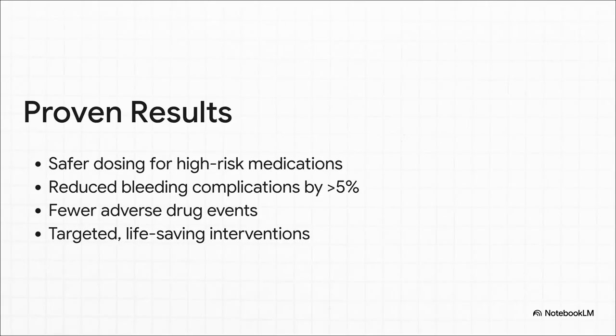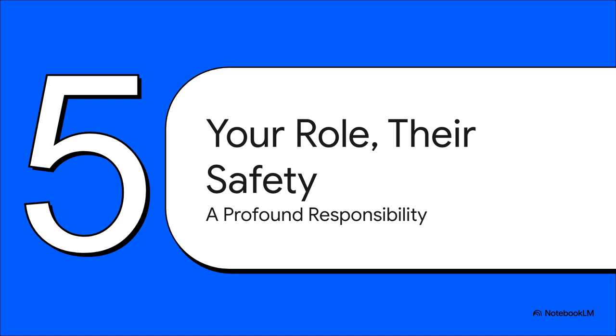And the proof is everywhere you look. Hospitals with great data have safer dosing for risky drugs. They've cut bleeding complications by over 5%. They have fewer bad reactions to medication. It's simple. Accurate data makes targeted, life-saving care possible.